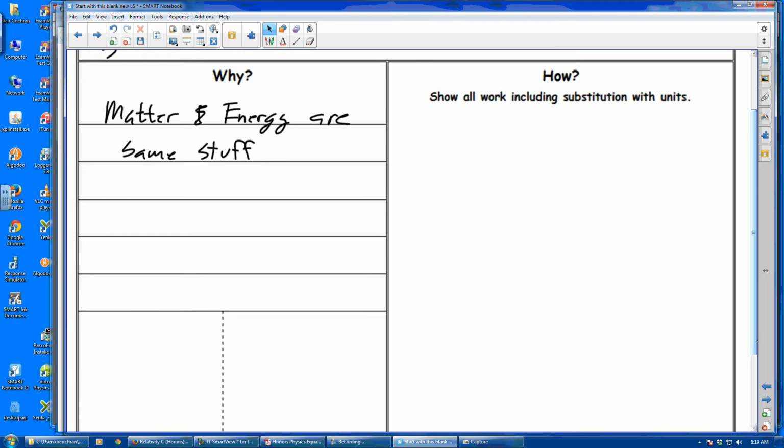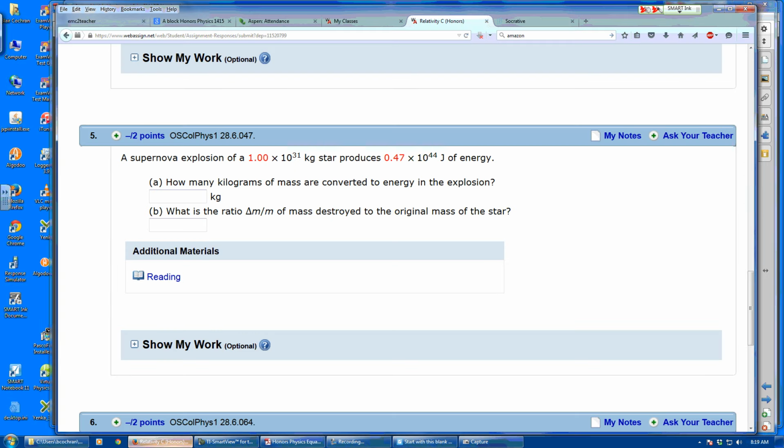So equation-wise, we're looking at that E equals mc squared. And let's see, we're told that this much energy is produced. So that would be our E, and nicely it's in joules.